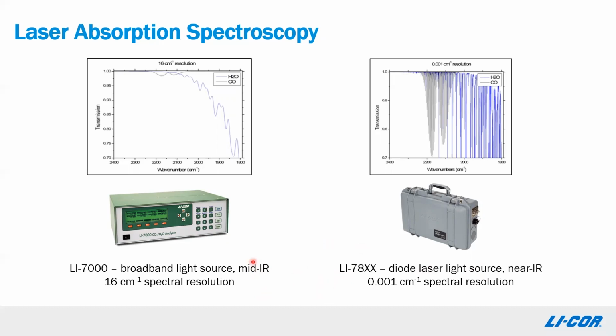There are, however, great advantages when moving from broadband sources to laser-based sources. So on the left here, you can see the spectral resolution of the broadband approach is just 16 centimeters to the -1, compared with 0.001 centimeters -1 for the laser-based system. So on the 7000 and 850, we're looking at very broad, overlapping features that we need to tease apart to calculate the concentration accurately.